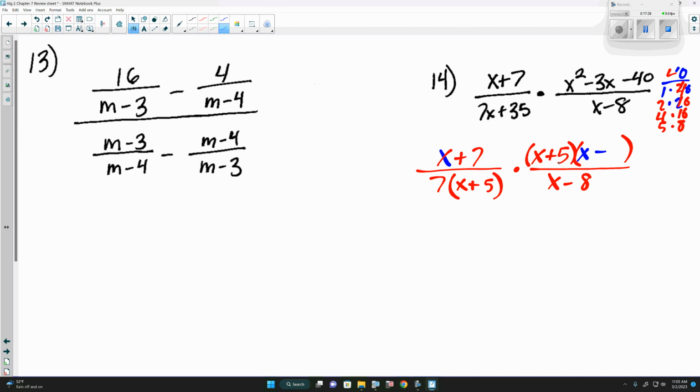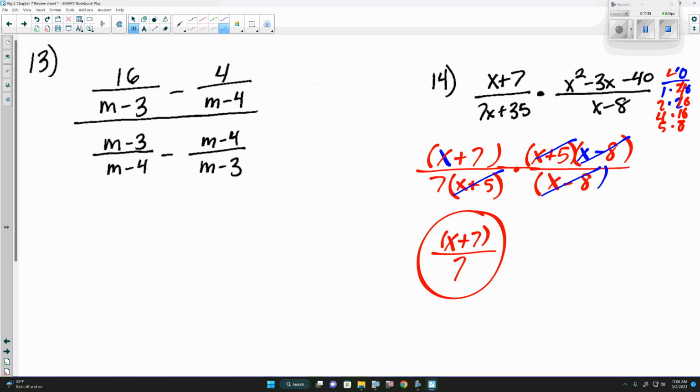Indeed, 5 would be positive, 8 is negative. And we could go through and do the factors, but we also know that if something's going to simplify, we're going to need probably an x plus 5 or an x minus 8. Now at this point here, we can multiply these together, and the x minus 8 and x minus 8 will cancel out. The x plus 5 and x plus 5 will cancel, leaving us with x plus 7 over 7.